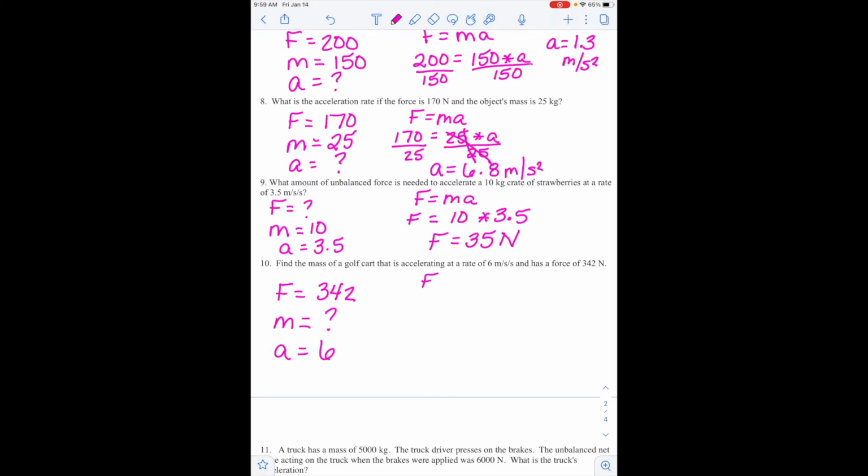So using our formula, F equals ma, I know F is 342. M is what we are looking for, times 6. To get our m by itself, we're going to divide both sides by 6. 342 divided by 6 is 57. So our mass is 57 grams.